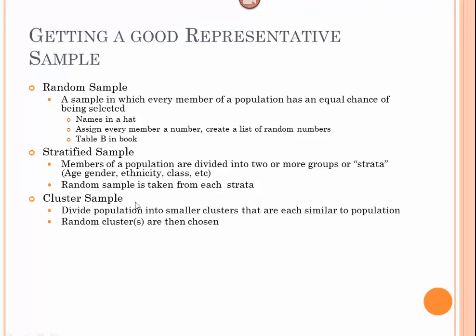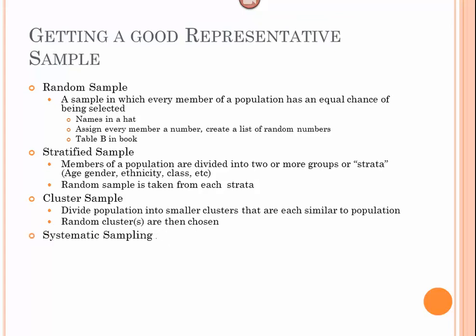So in a cluster, once we've selected a cluster at random, every person within that cluster is chosen. In a stratified, we divide it up according to characteristics and then take from each of those. Notice that in the cluster sampling, we didn't take 50 people from each school. That would make that a stratified sample.